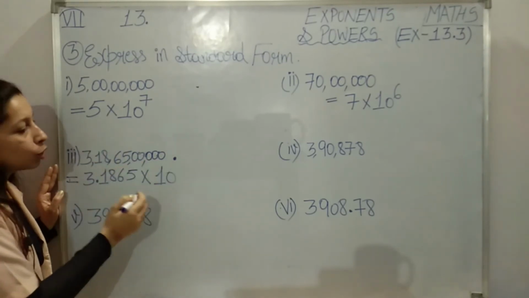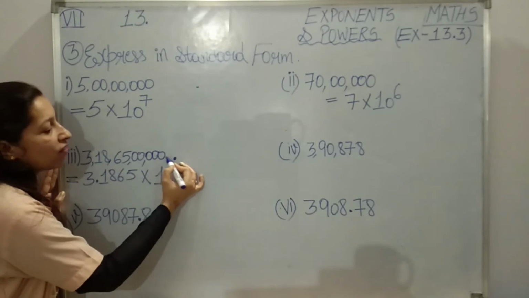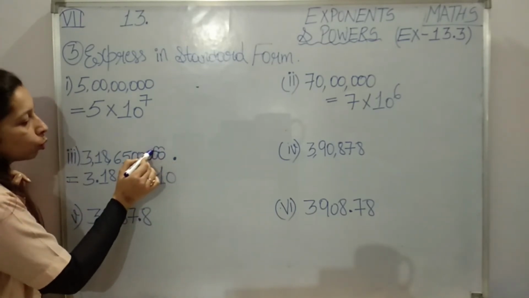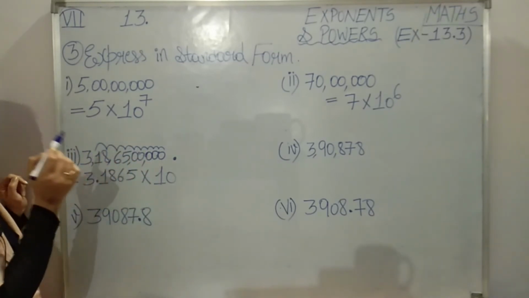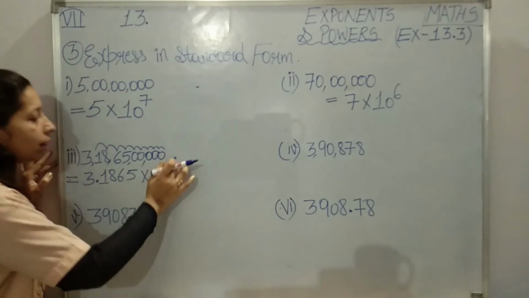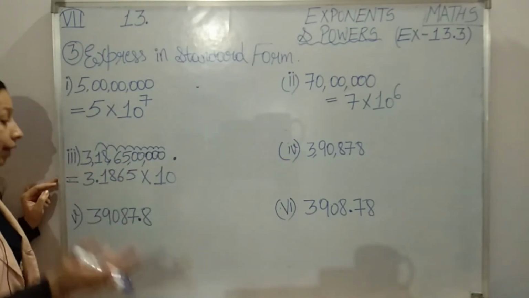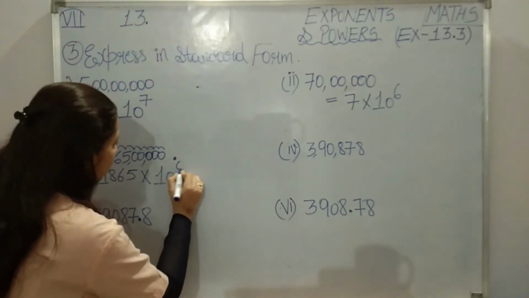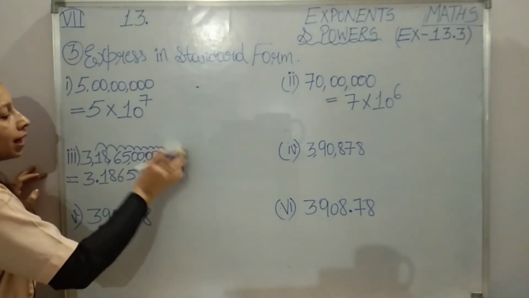How many jumps are we taking, students? If after 0 point is there, then the point will jump 1, 2, 3, 4, 5, 6, 7, 8 and 9. Isn't it, students? The point will jump 9 places and then it will be written after 3, before 1. So that means 9 places it jumped. So 10 raised to the power 9.